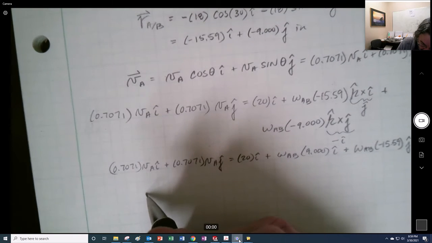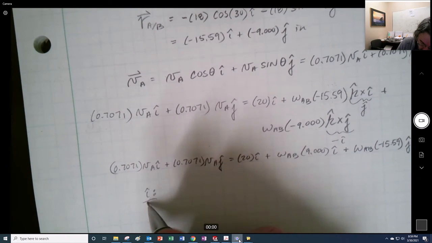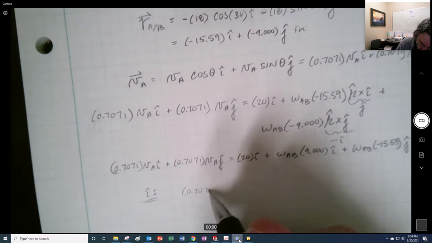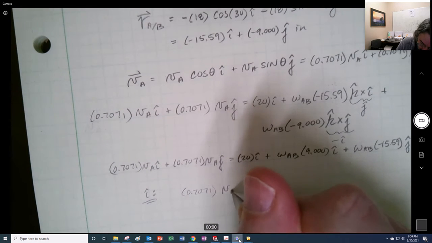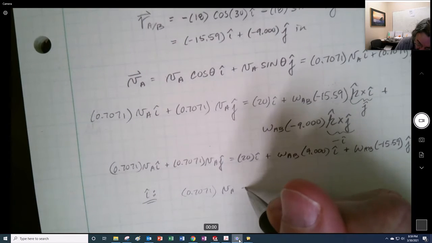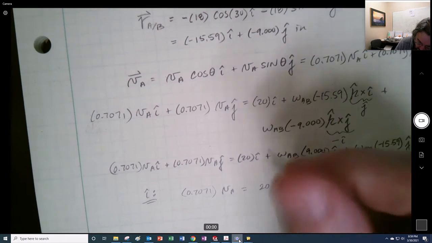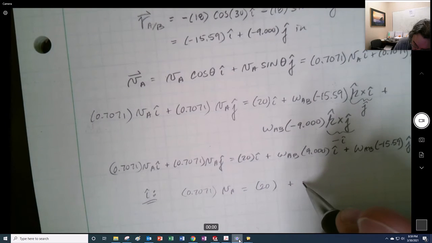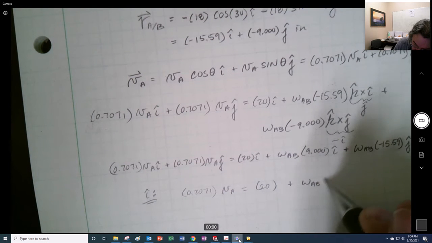Now I combine the i's. And we see we have 0.7071 VA is equal to 20 plus omega AB 9.